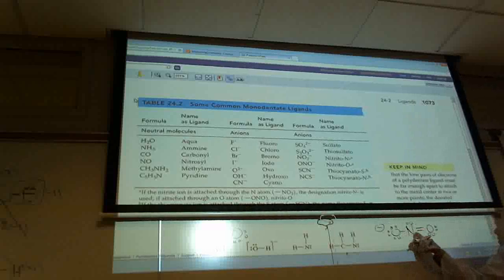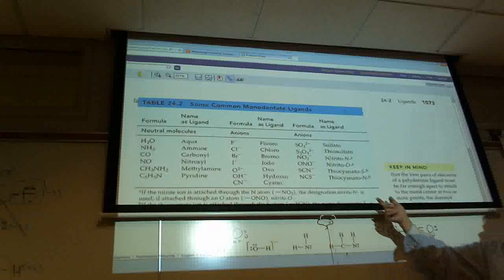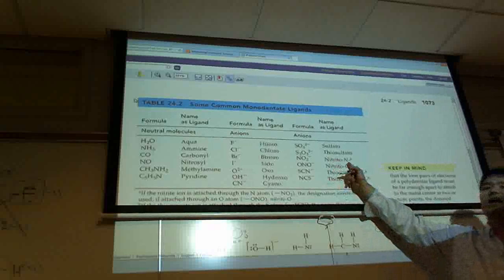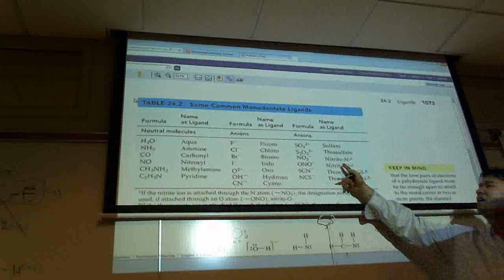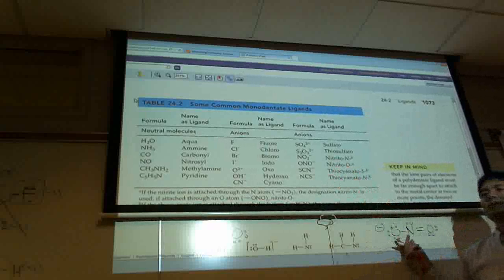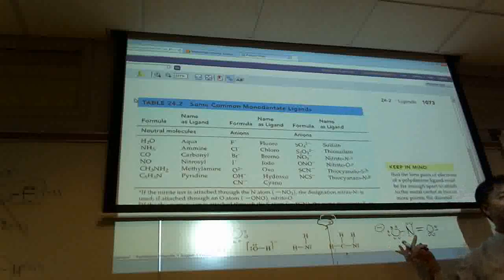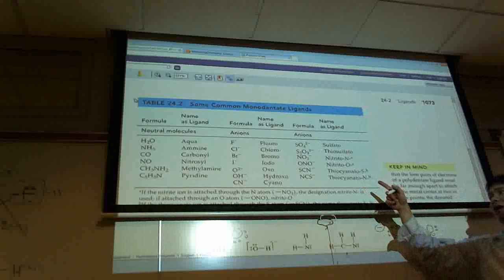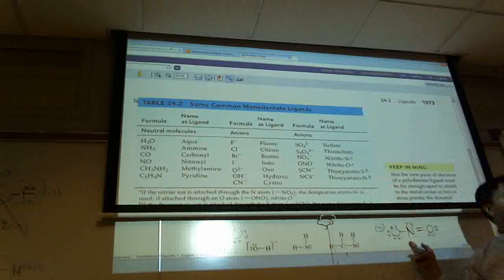If the nitrogen donates here, then we call it nitrito-N. Nitrito-N is so common that people just shorten it and call it nitro. So when you see nitro, nitro is just NO2 bonded with the nitrogen. Good.